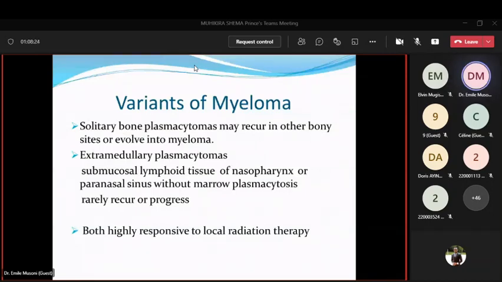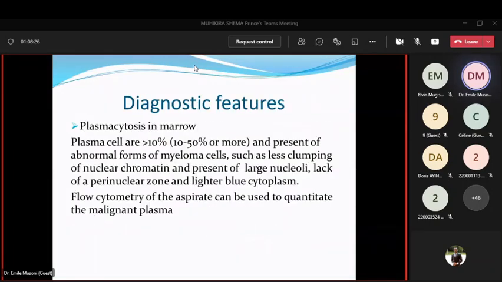Diagnosis, this is the most important. Diagnostic investigation: there is plasmacytosis in the bone marrow, meaning an increase of plasma cells in the bone marrow. They say plasma cells more than 10, around 10 to 50%, present as abnormal myeloma cells, with clumping of nuclear chromatin, large nucleoli, and a large open nuclear zone and lighter blue.